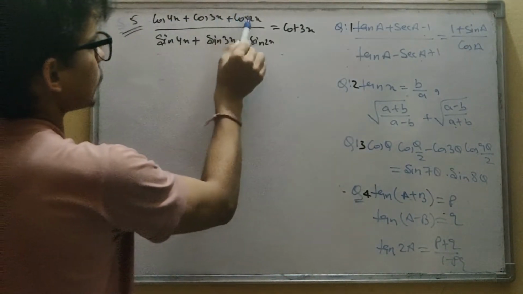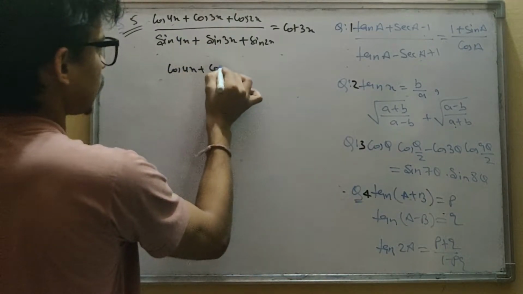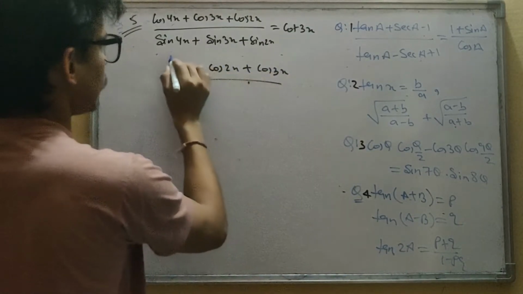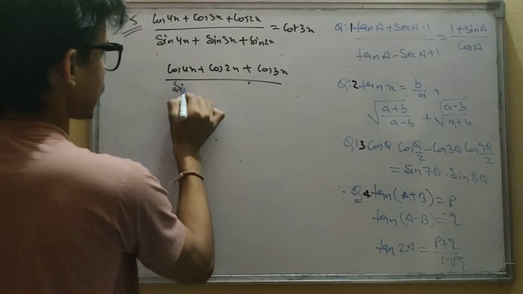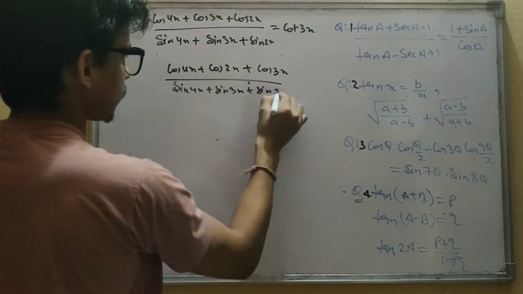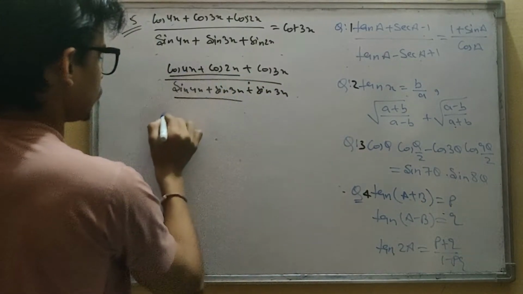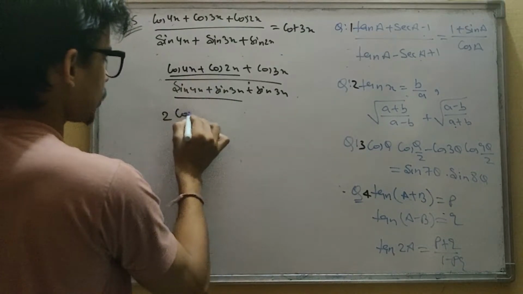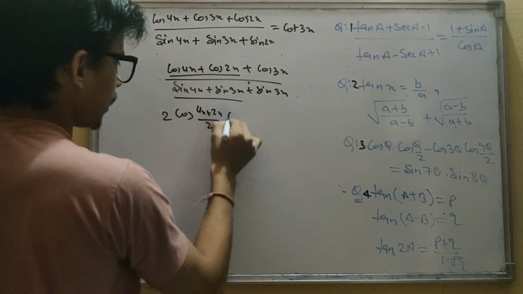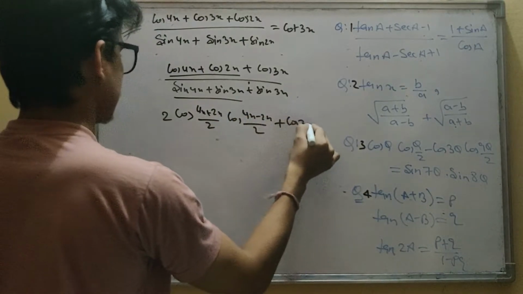Now cos 4x plus cos 2x, I am applying this formula, so I am just keeping them together. Cos 2x and plus cos 3x. And the same way over here also, sin 4x plus sin 2x and plus sin 3x, right? Now apply the C plus D formula over here and over here. So cos C plus cos D is 2 cos (4x plus 2x divided by 2) cos (4x minus 2x divided by 2), plus cos 3x, right?